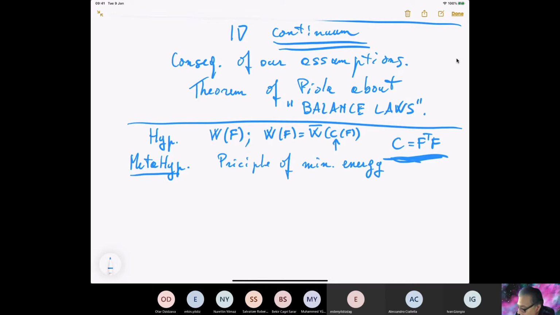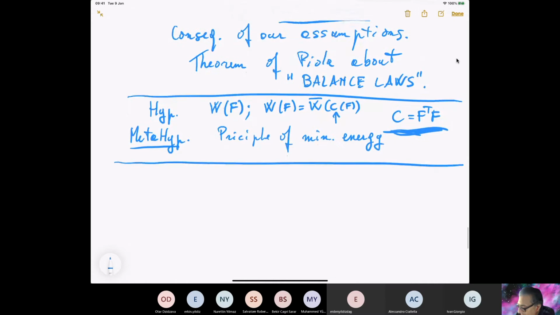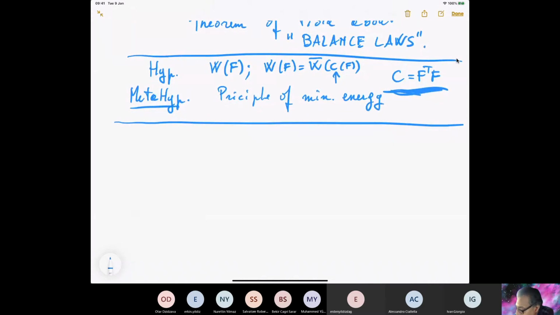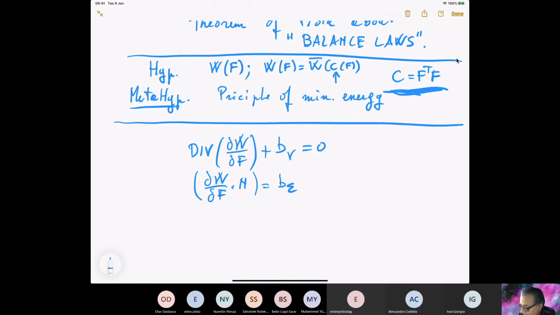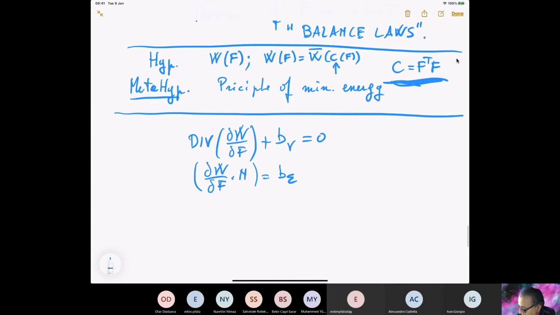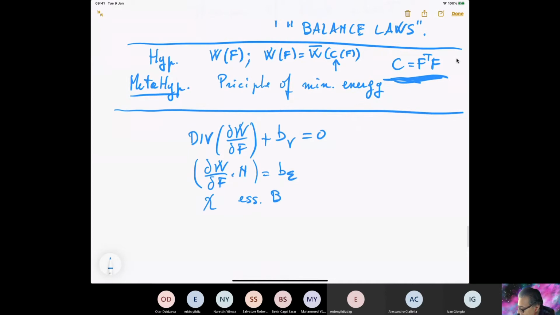Then we make calculations and we find that div of dW over dF plus b volume equals 0, dW over dF n equals b sigma, and essential boundary conditions are verified.